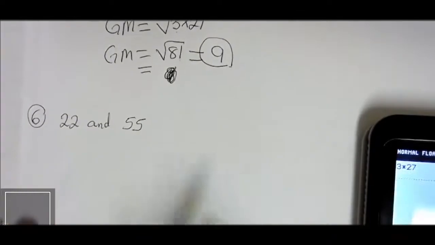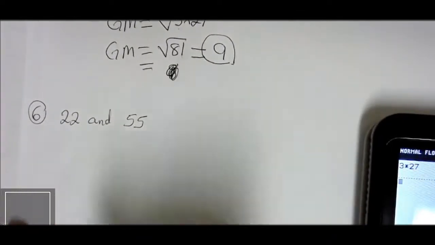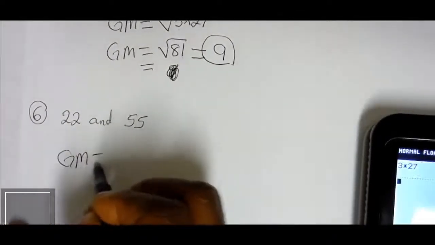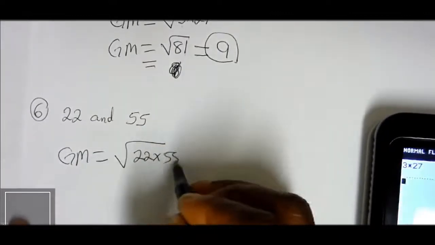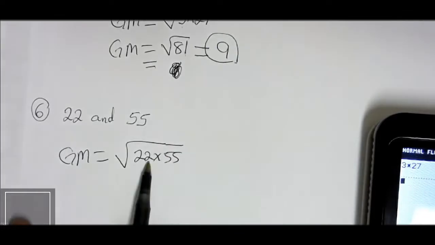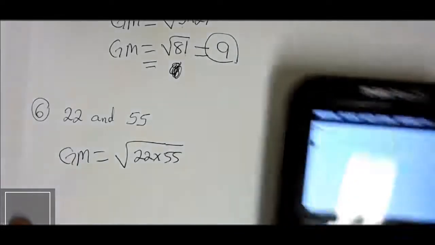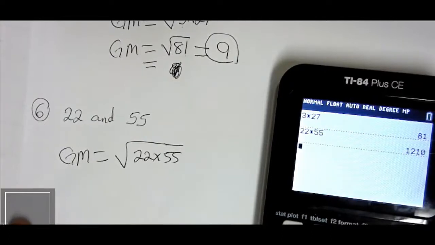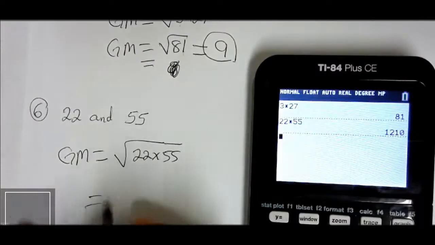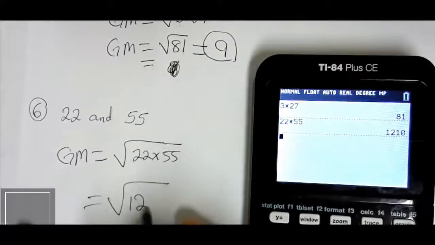Next, how about 22 and 55? Again, the geometric mean is going to be the square root of their product. 22 is not a perfect square, 55 is not a perfect square. Okay, multiply them. 22 times 55, you get 1210.